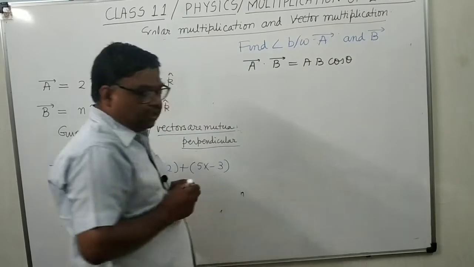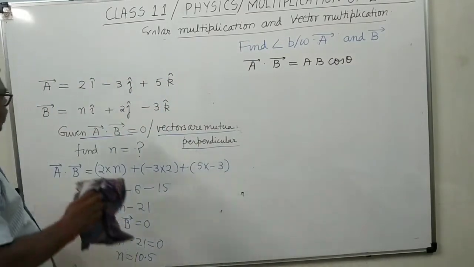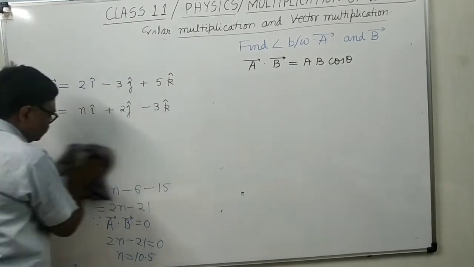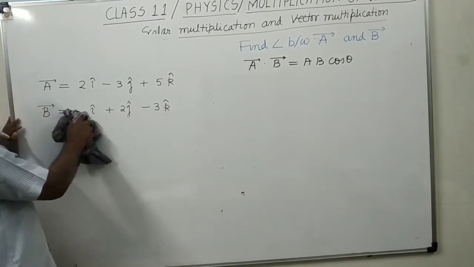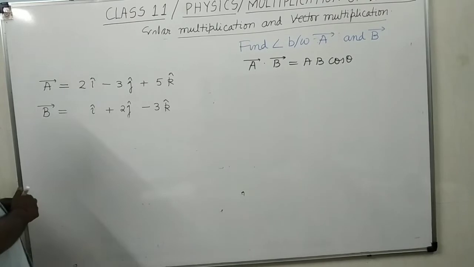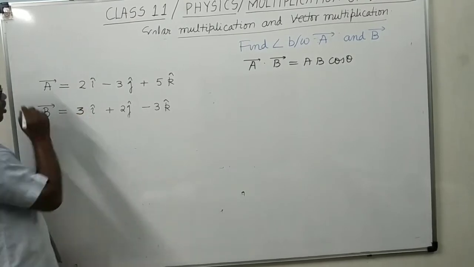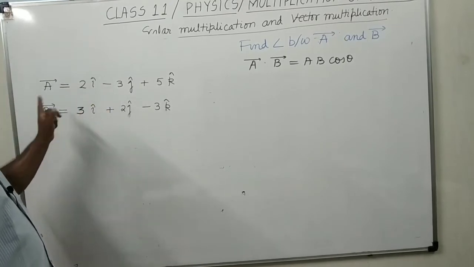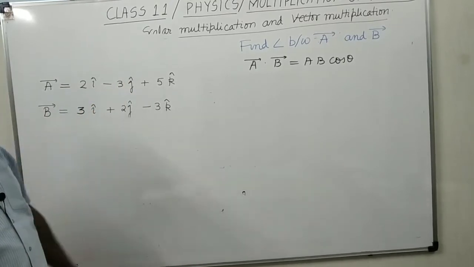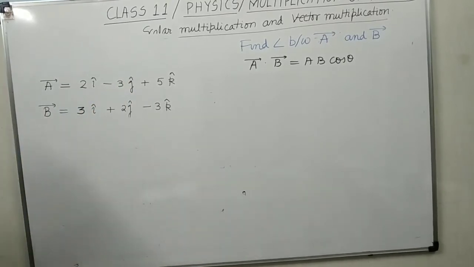It's clear. Here in place of n I have taken some value. Suppose it is equal to 3i. Here vector A is this, vector B is this, and you have to find the angle between both the vectors.